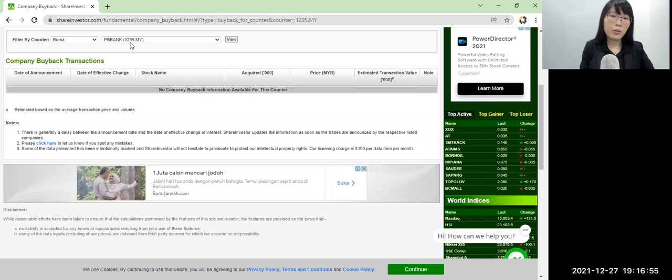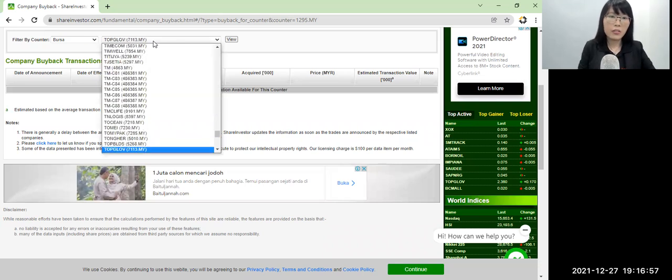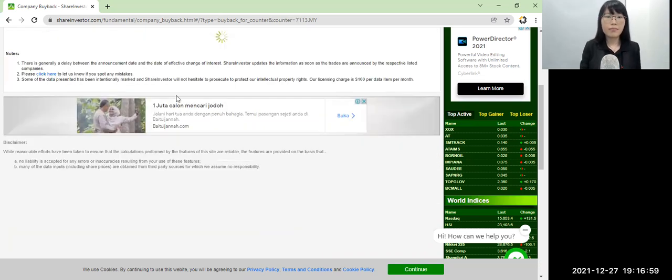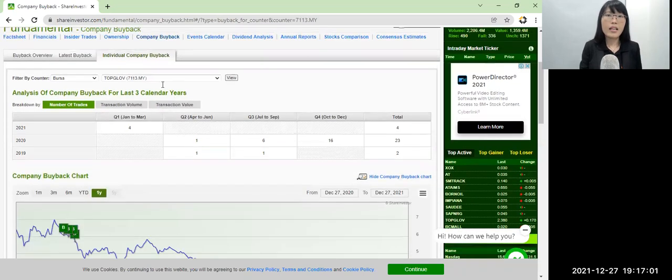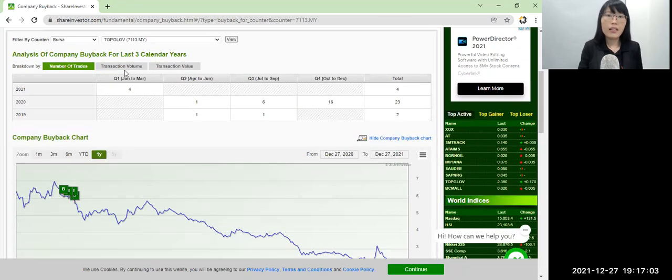If you put Top Glove and view, you can see there are 4 buybacks in 2021, 23 share buybacks in 2020, and 2 share buybacks in 2019.